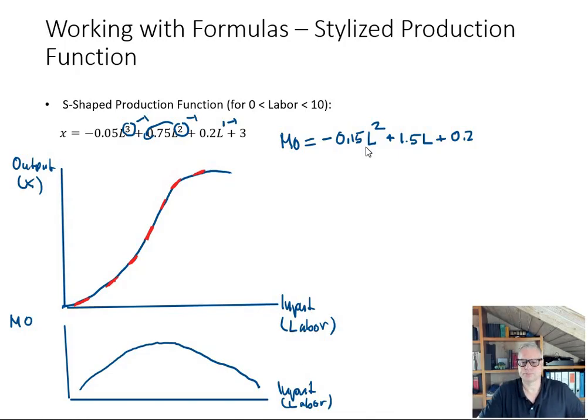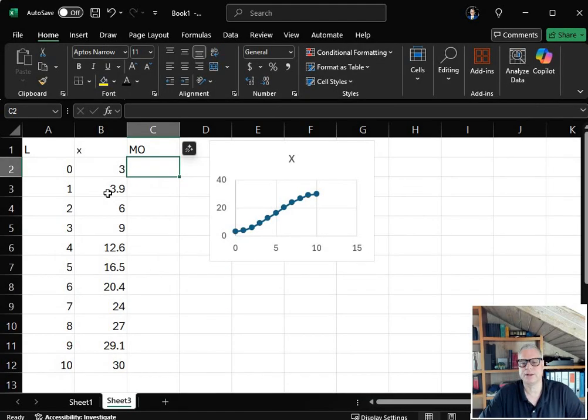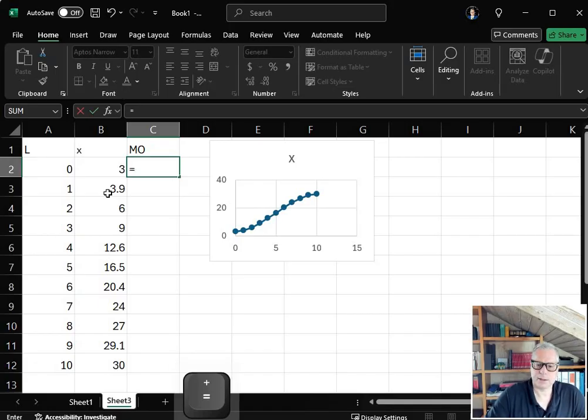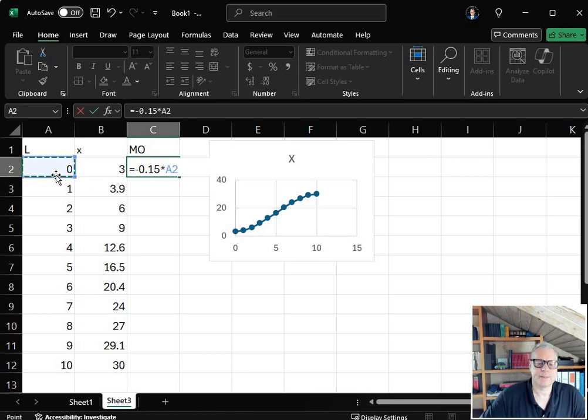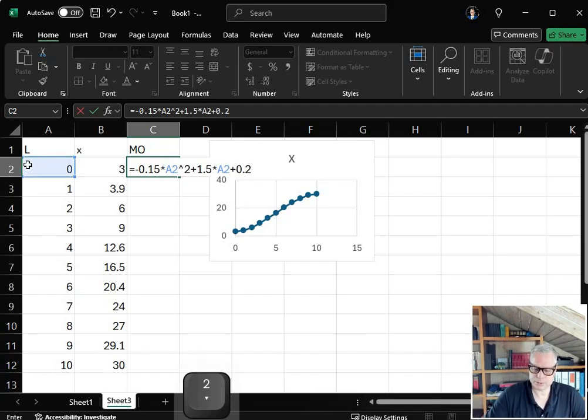Okay, so now let's add this formula to Excel. Equals negative 0.15 times L squared plus 1.5 times L, and then plus 0.2.